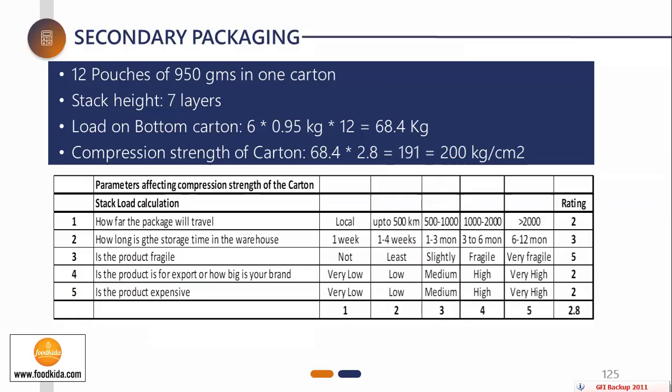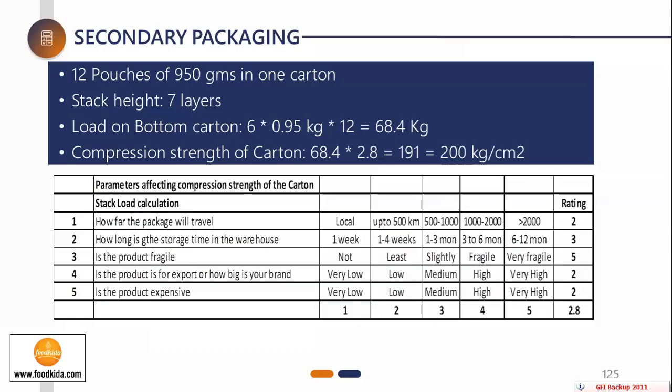Again, in rainy seasons, you will have issues with the secondary packaging if it is a mono carton. Why? It's hygroscopic, so it will lose its strength because of moisture ingress.